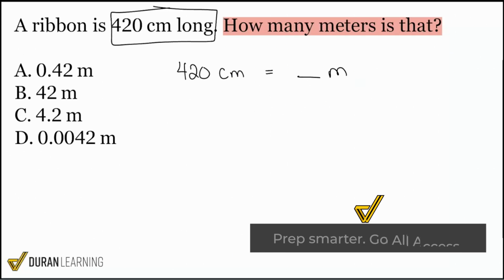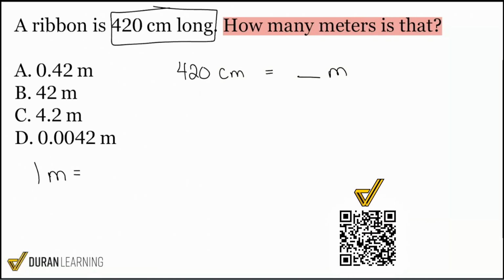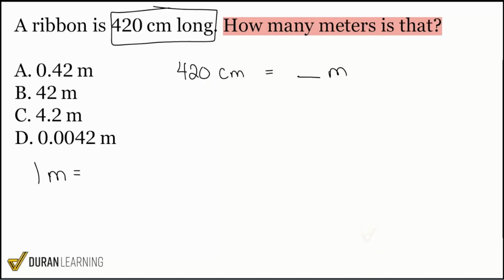So that conversion is going to be the following. 1 meter is not 1,000. This is a very common mistake that people make. People say that 1 meter is 1,000 centimeters, which is not the case. 1 meter is 1,000 millimeters. A centimeter is 100th, not 1,000th. So 1 meter is 100 centimeters right there.